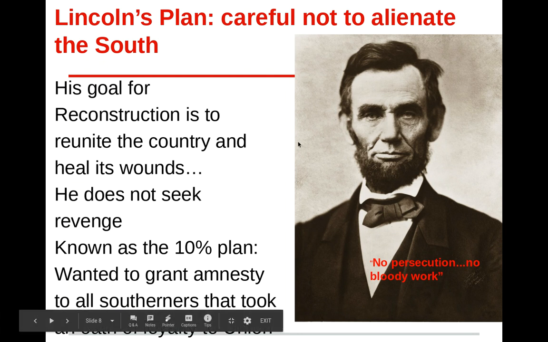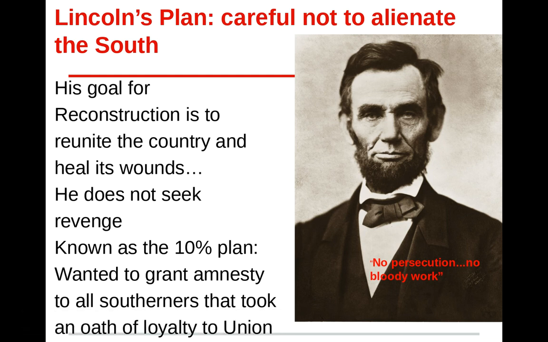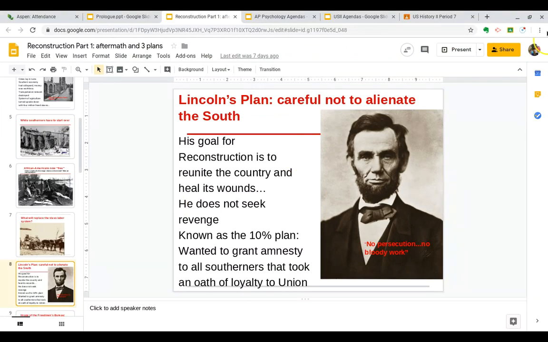Put that down, guys, for this slide. Amnesty is forgiveness. Because if a Southerner is granted amnesty, they're basically saying, I'm sorry for the Civil War, and I'm now going to be loyal to the Union. Please let me back. Please forgive me. So that is Lincoln's main goal.